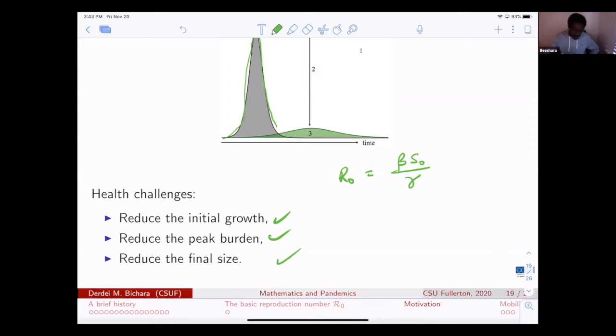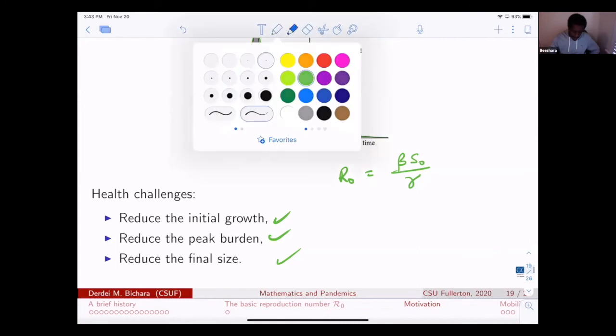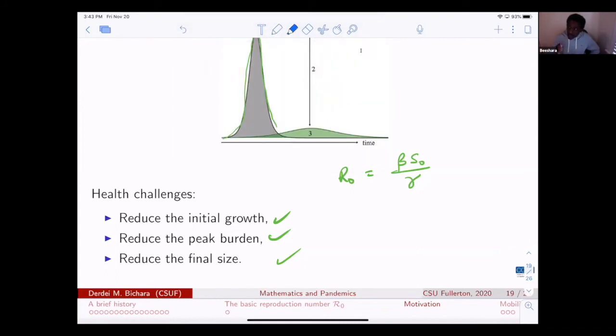The only parameter that we have control over is beta. That's our only choice. But the problem is beta is a compound parameter, and it has many other related parameters within.